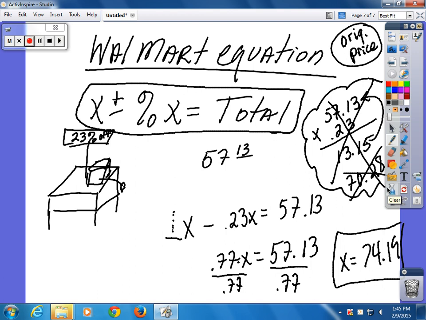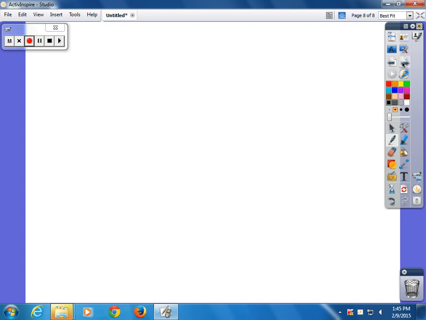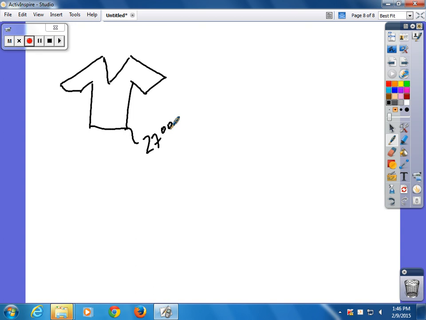This is what they teach you. They teach you, you've got a shirt that costs $27, and it is 20% off. They want to know the final price.